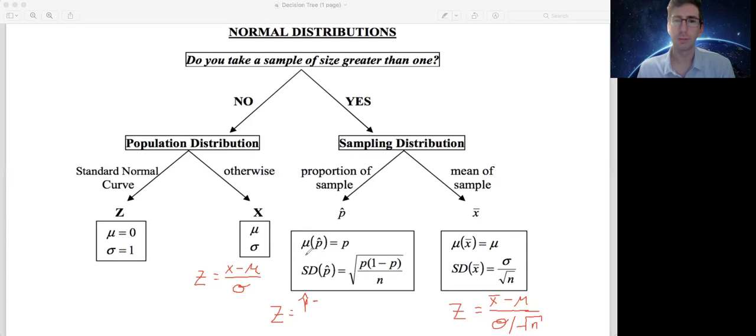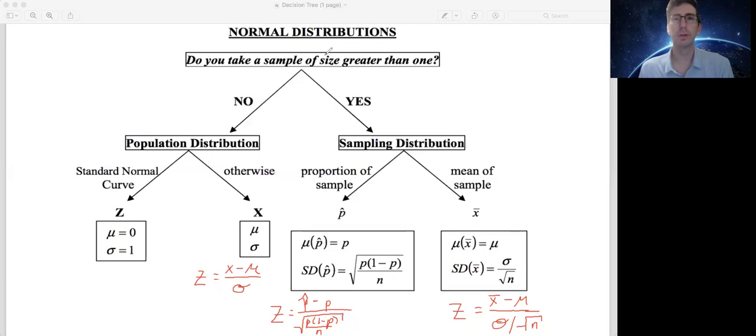We subtract from that the average of all those sample proportions, which is our population proportion. And we divide that by the standard deviation of the sample proportions, which is our p times 1 minus p over the sample size, and we take the square root of that.